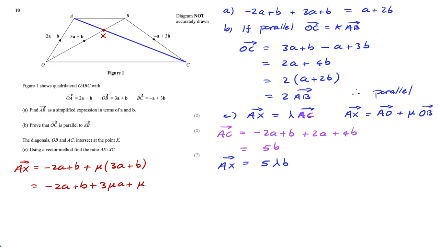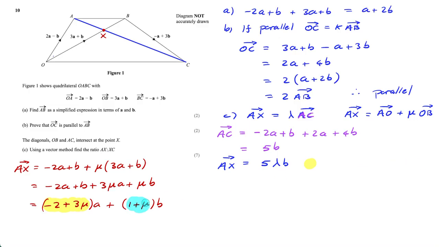This is equal to, well, I'll just put the a's together, minus 2 plus 3 mu a, and then plus 1 plus mu b. Okay, so then I have my two x's here, and at this point I just go, well, the a's equal a's and the b's equal b's. Now in this case there is no a, so this must equal 0 because there's nothing here, and then this must equal 5 lambda.